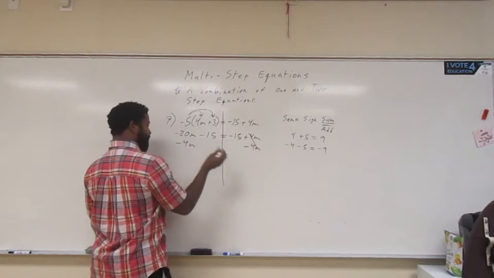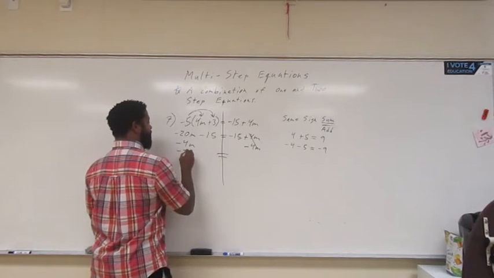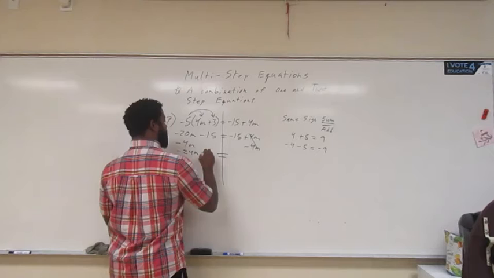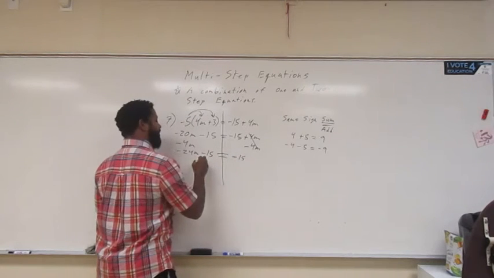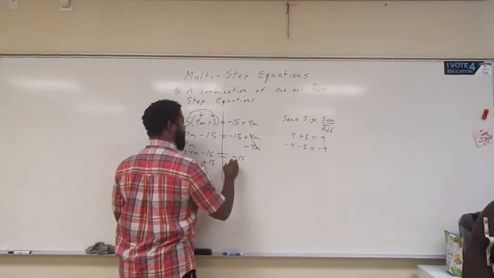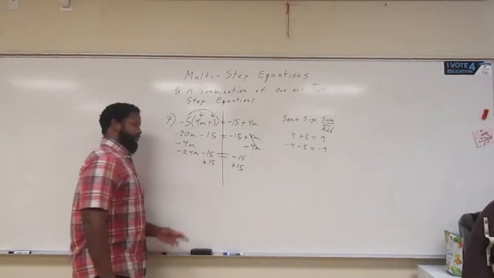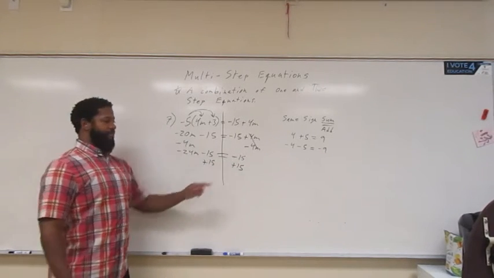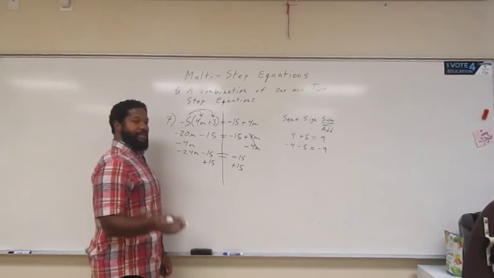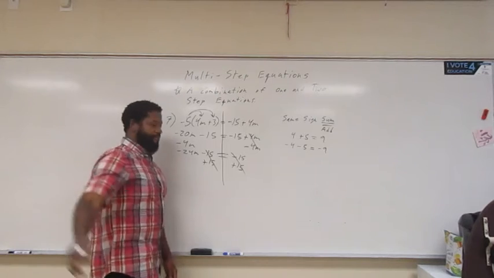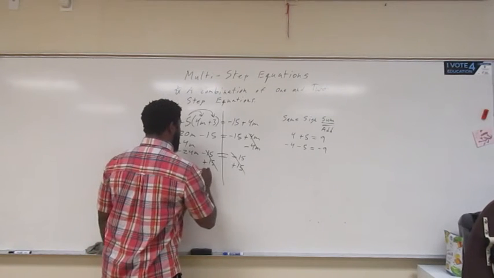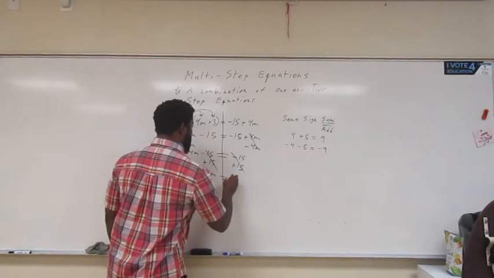We have -24m minus 15 equal to -15. And he said, let's add this 15 to the other side. Yeah, because it does make sense. Do they both cancel out? Yeah. So therefore, what's left over here? 0. There you go. -24m is equal to 0.